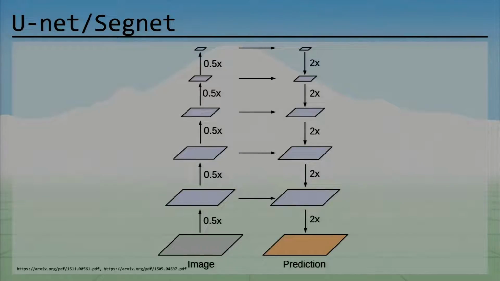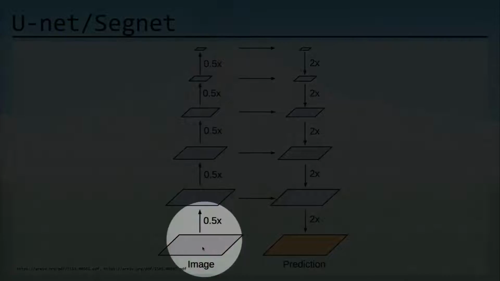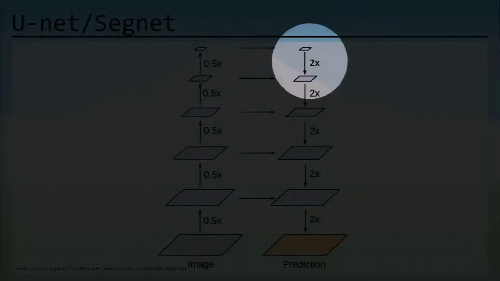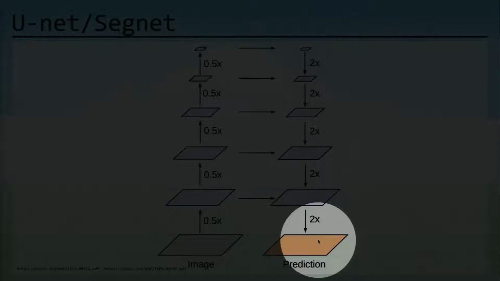So people have come up with different ways of getting fine-grained information over to the decoder network, basically using some of these shortcut connections. In this case, this would be our encoder network that takes our image and produces some feature map. Our decoder network takes this feature map and produces our predictions.